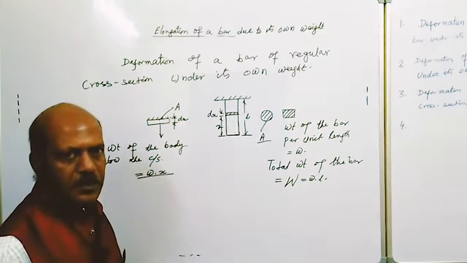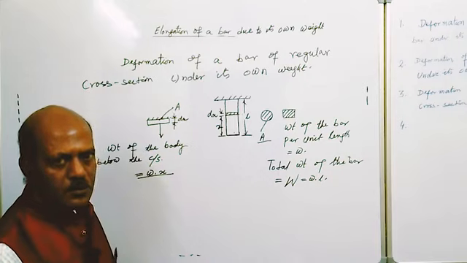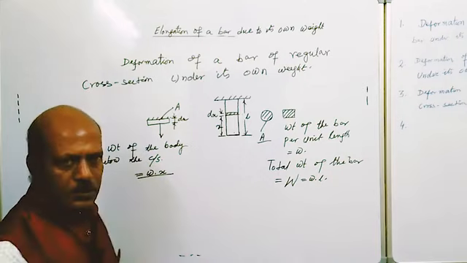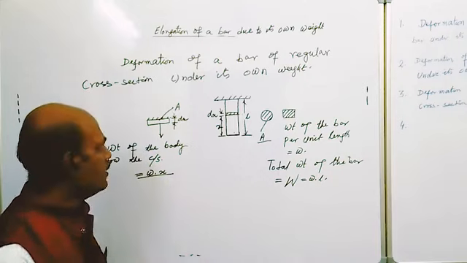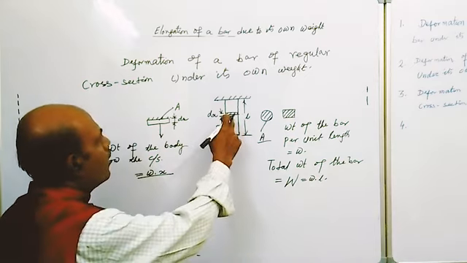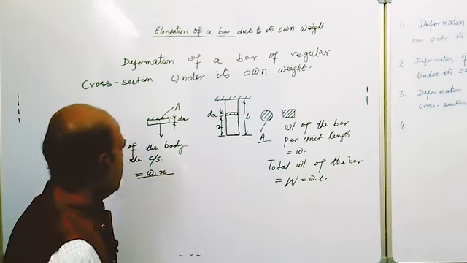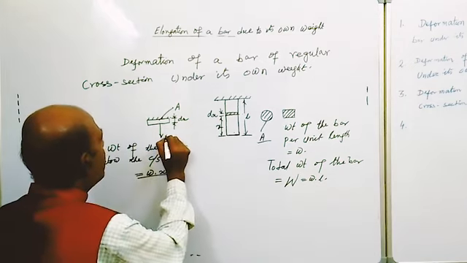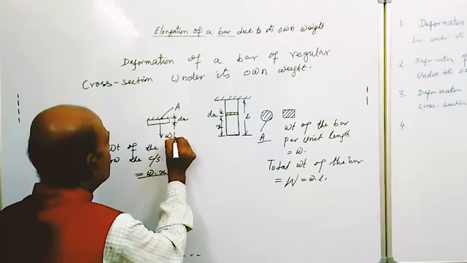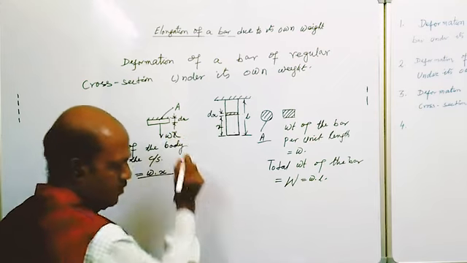It may be in kg or in kilonewton or in newton, whatever it may be. So w into x will be the weight of this portion of the body. So the weight acting on the element is equal to w into x.